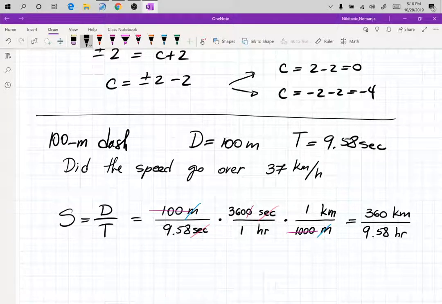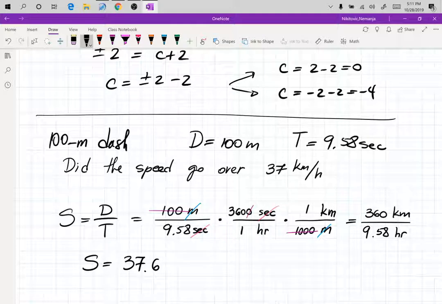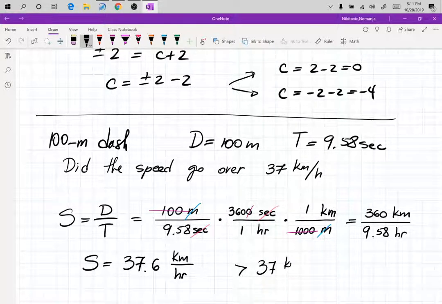And that will give you the value when you divide these two numbers. So we have 360 divided by 9.58 is 37.6. So the speed we get is 37.6 kilometers per hour, and that's bigger than 37 kilometers per hour that they are wondering about.